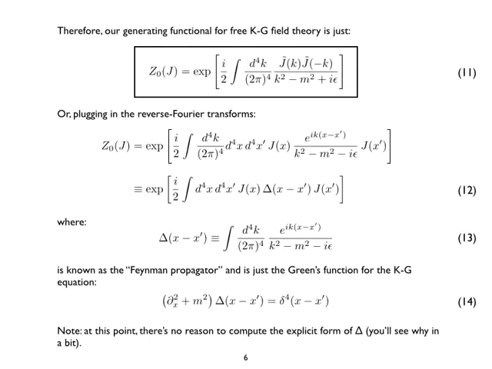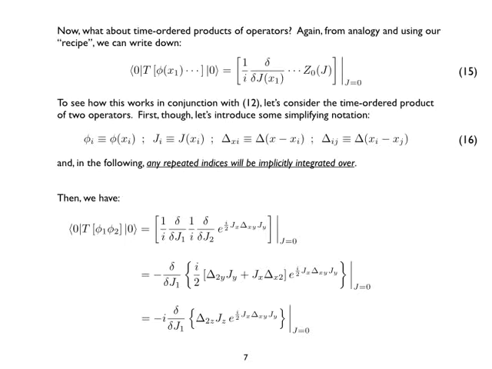So if I had to, I would write this as e to the I over 2, j sub x, delta sub x, x prime, j sub x prime, with no integration. Everybody see? Okay. So it's just introducing shorthand notation, so I don't have to write all these freaking integral signs.